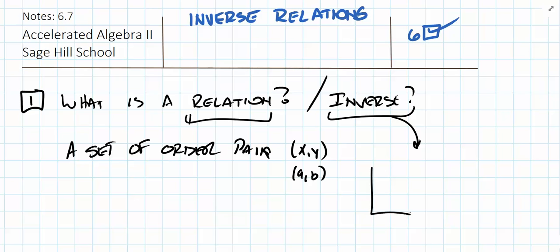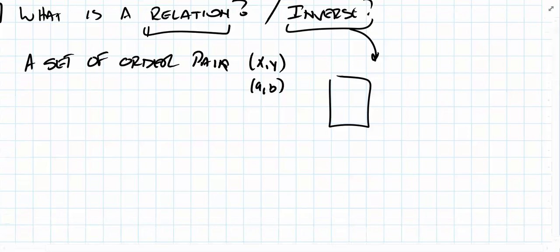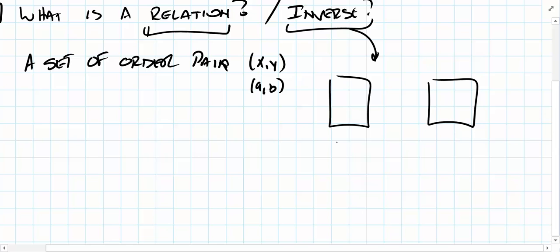Here's a nice way to represent an inverse. Let's say I have two sets here, and this set is going to represent my domain, my collection of objects in my domain.